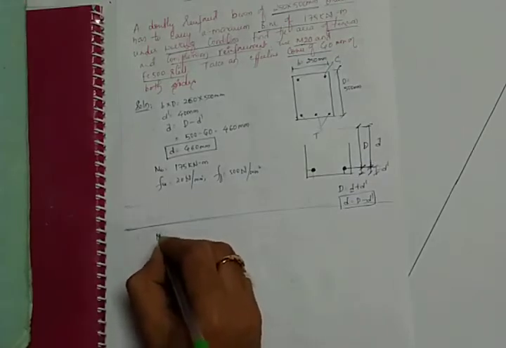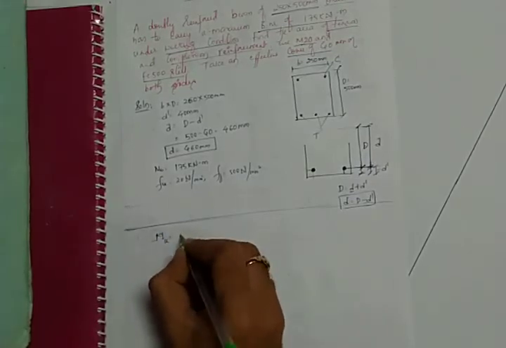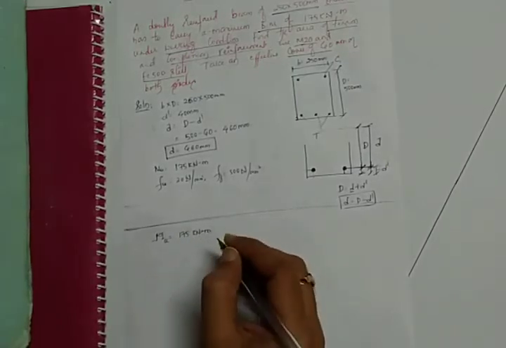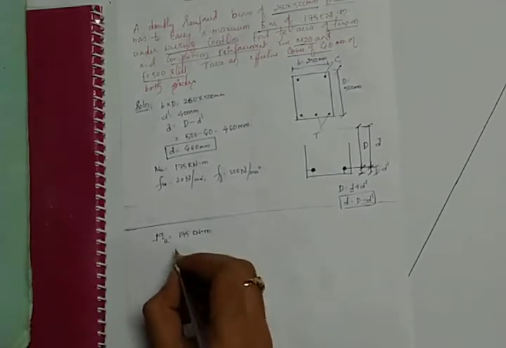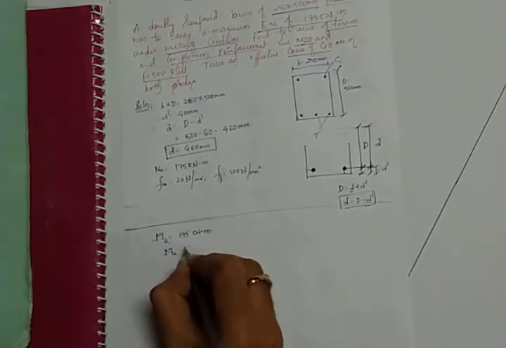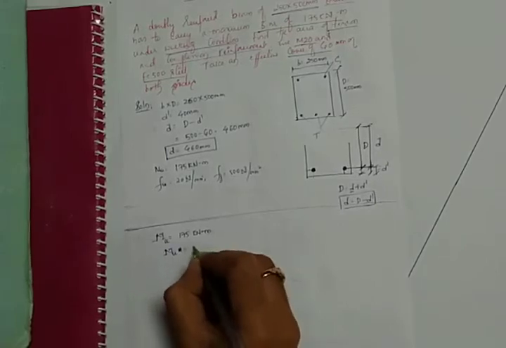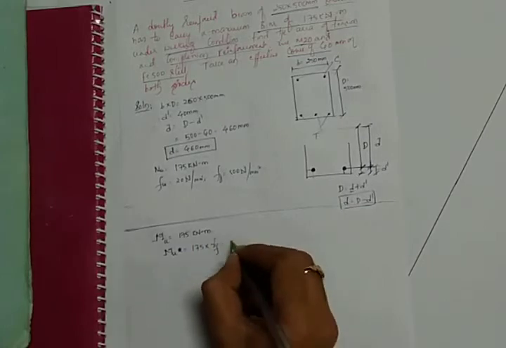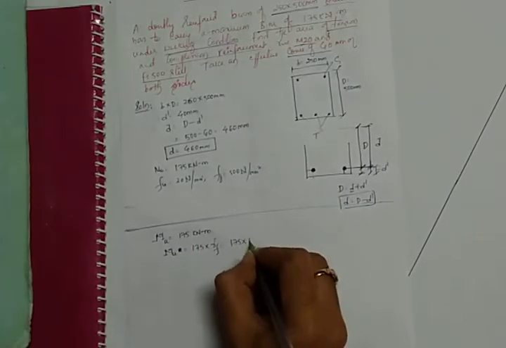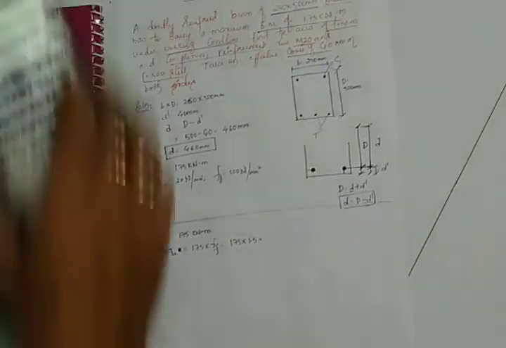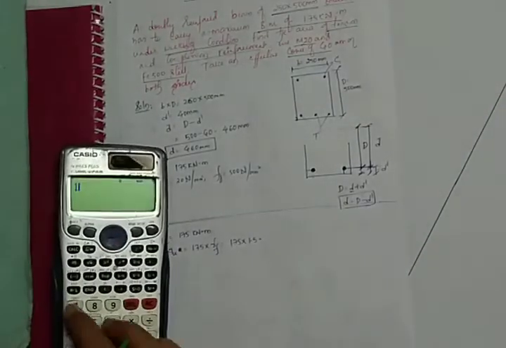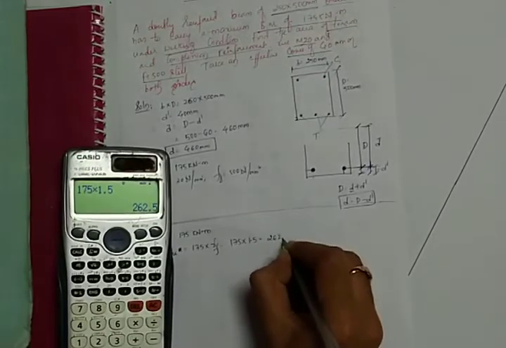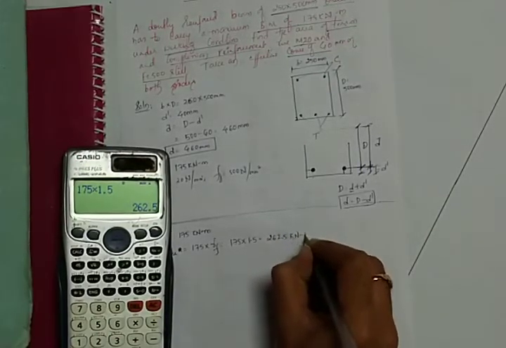Before that, I will take this Mu that is given, 175 kilonewton meter in working condition. So in the limit state method, we multiply the given value by 1.5, that is the factor of safety, gamma f. 175 into 1.5 comes to 262.5 kilonewton meter.